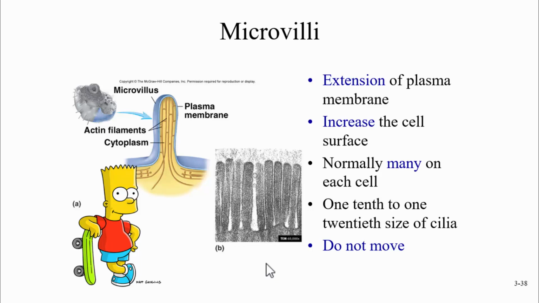Then you have this long extension called a villus. And that is like a finger-like projection that has all of these columnar cells attached to it. Okay, and so you have millions of those, and so that increases surface area.